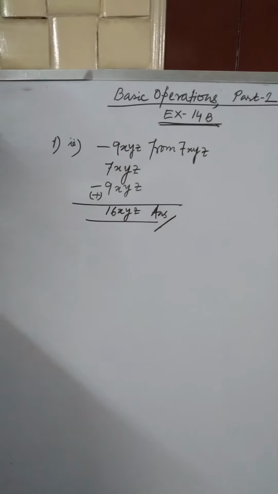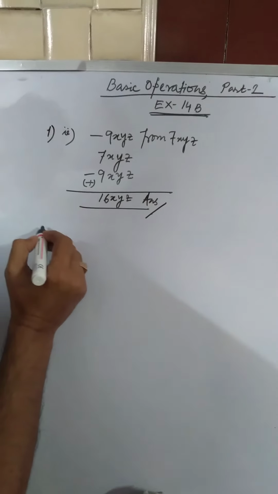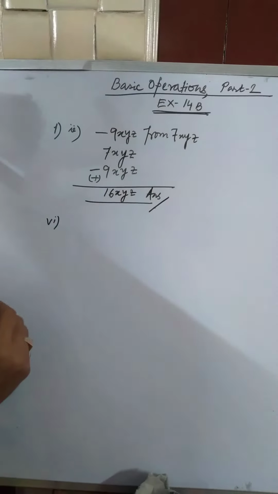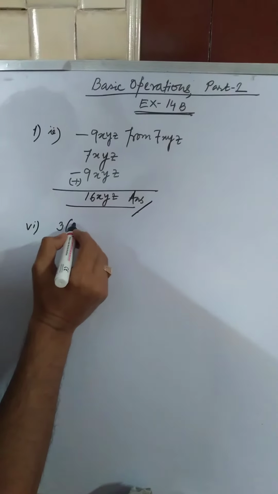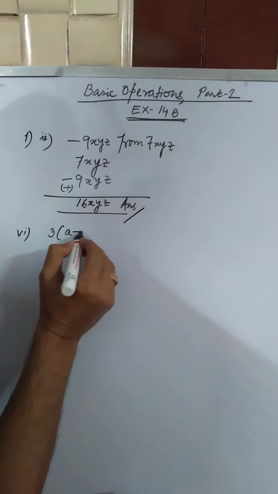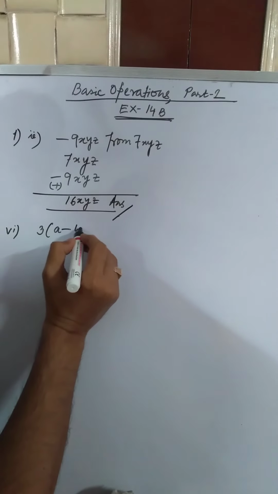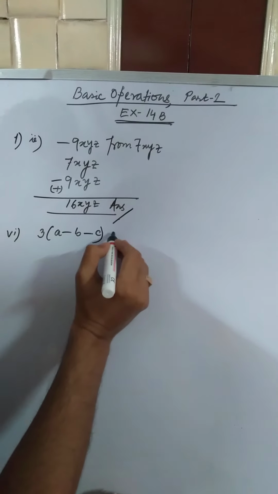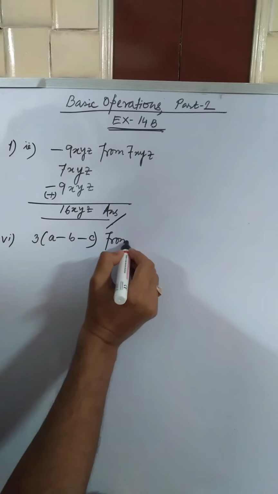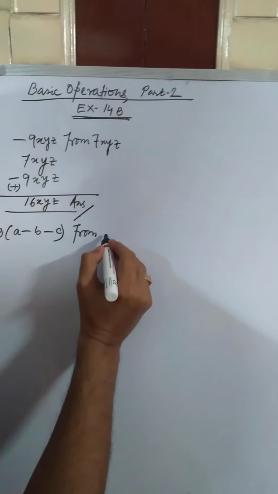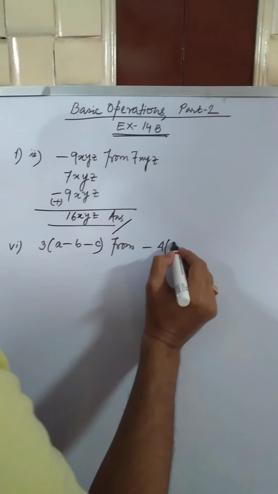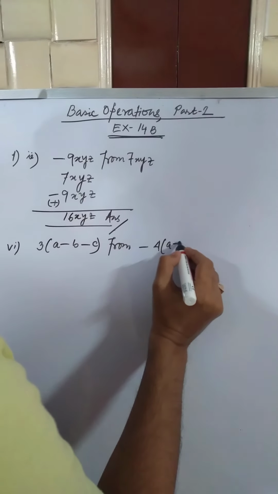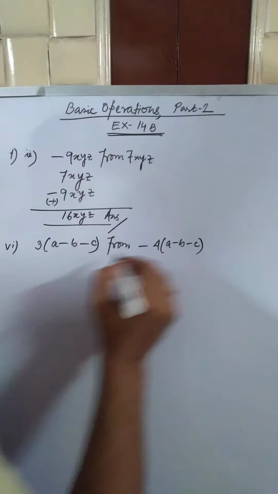Let's do the next one, say Roman 6. It's a little bit big one. Subtract 3a minus b minus c from minus 4a minus b minus c.